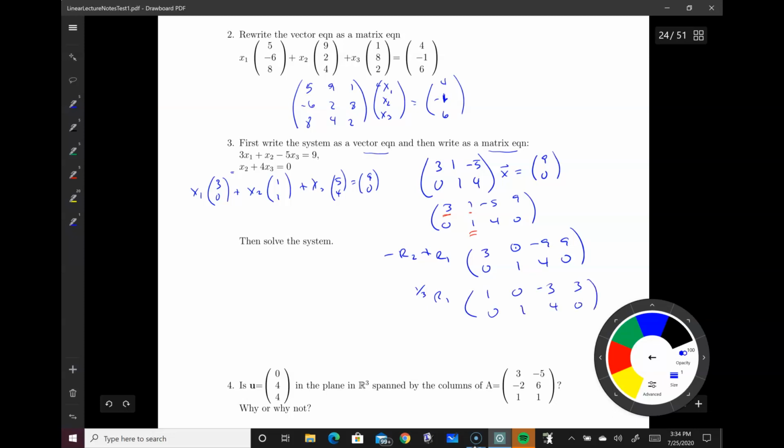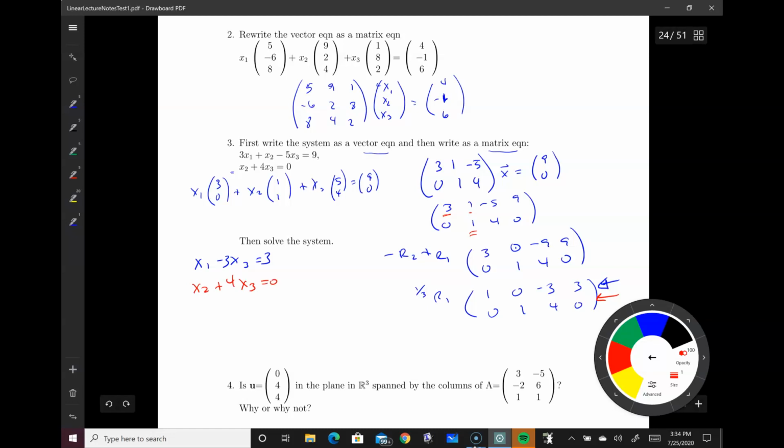All right. So now I'm ready to get a solution, to get what this means. Remember, this is an augmented matrix, right? So what does this row 1 mean? This row right here is saying x1 minus 3x3 equals 3. Now what is the second row saying? That row is saying x2 plus 4x3 equals 0.